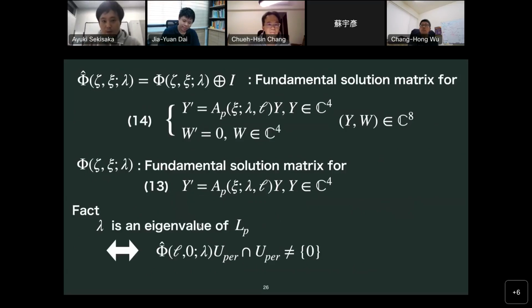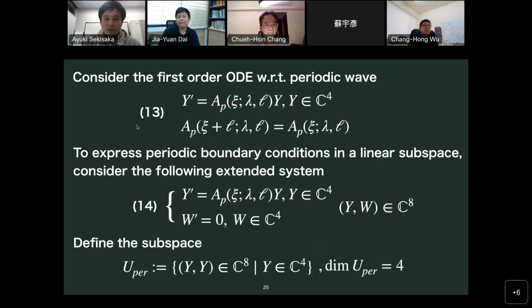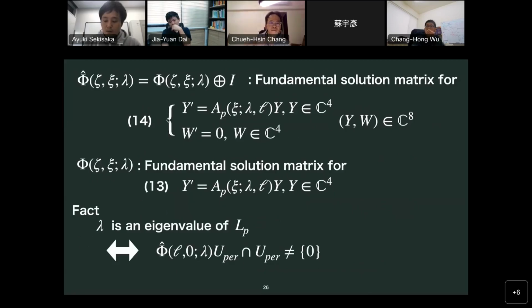Okay, so if system 13, y dash equals A(x)y, has a periodic solution, then the fundamental solution matrix phi is a fundamental solution matrix of 13.